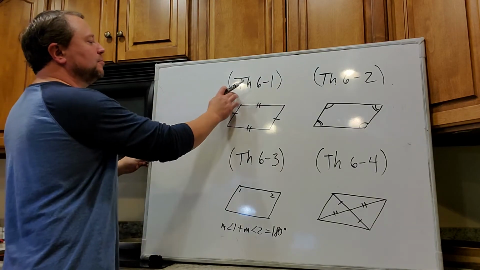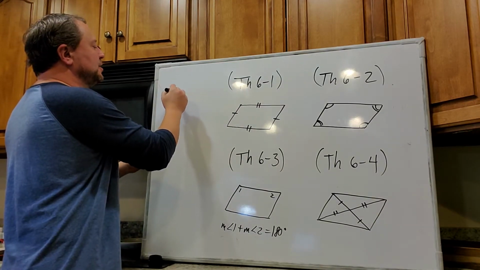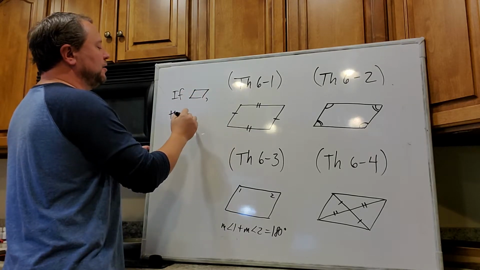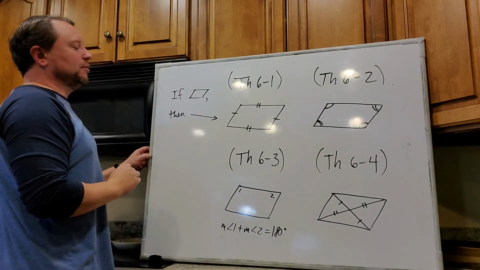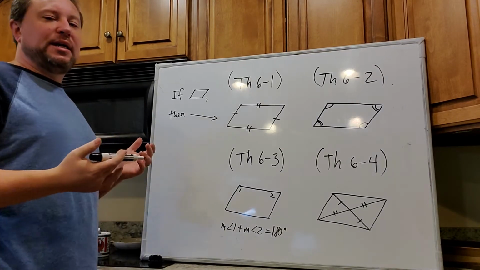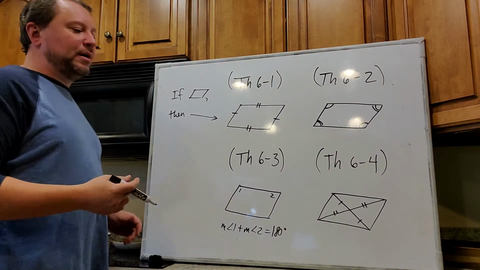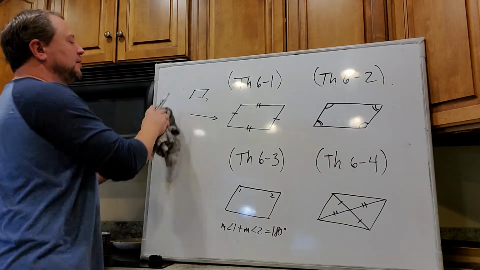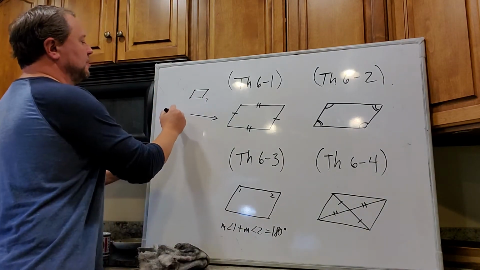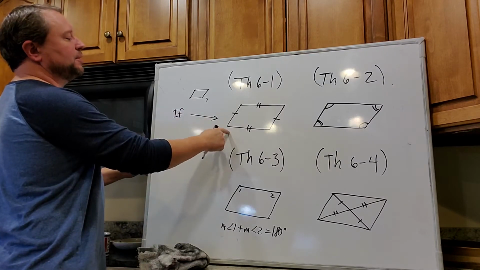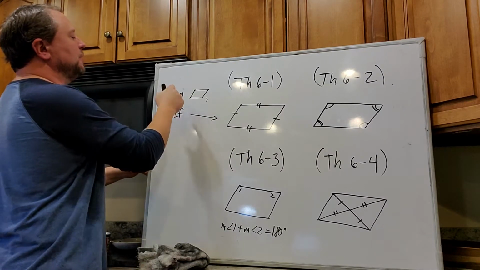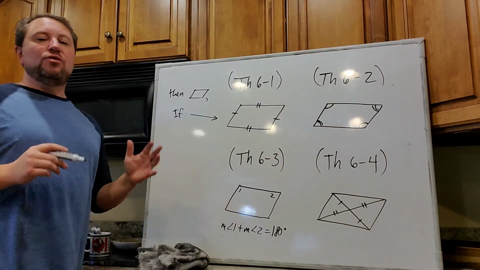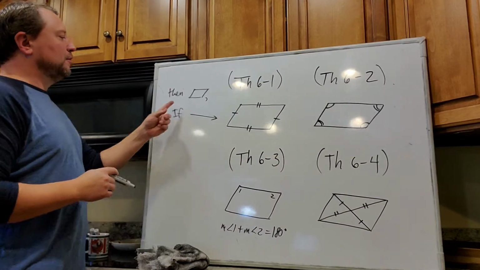Remember, theorem 6.1 would state it like this: if it's a parallelogram, then the opposite sides will be congruent. So now we're taking that idea and flip-flopping the if and the then. Now we're going to say, if it has opposite sides congruent, then it's a parallelogram. All of these new theorems that we're going to learn today are all going to end the same way.